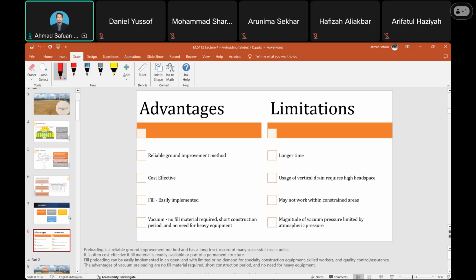Why? Because we need to let the excess pore water pressure value not exceed the pore water pressure at the ground.